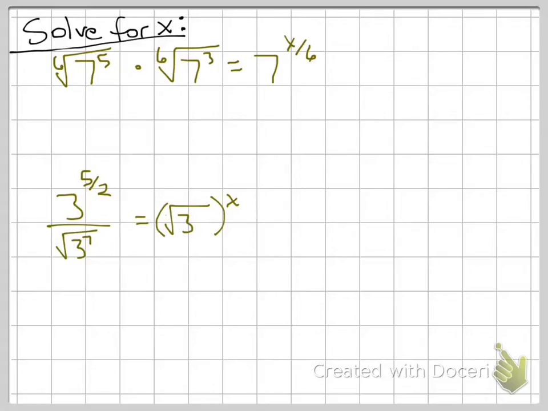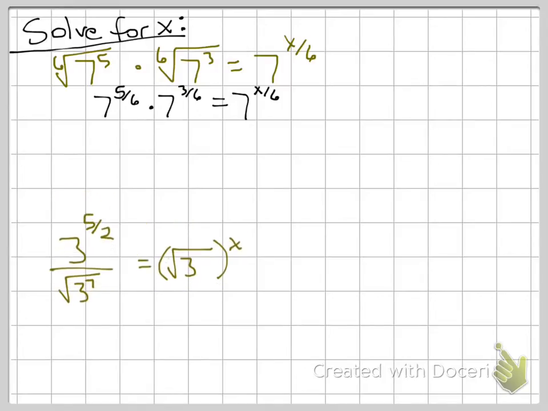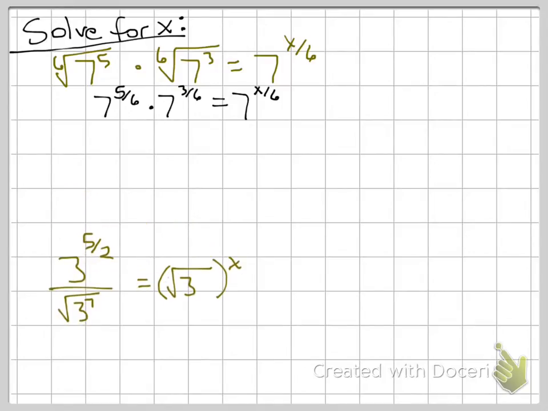So, we're going to change them all to exponential form. So in our first one, I have 7 to the 5/6. I have 7 to the 3/6 equals 7 to the x over 6. Now I could reduce the 3/6. I'm going to leave that there for a minute. So they all have the same bases. We have the property that says if they have the same bases and we're multiplying, we add the exponents.